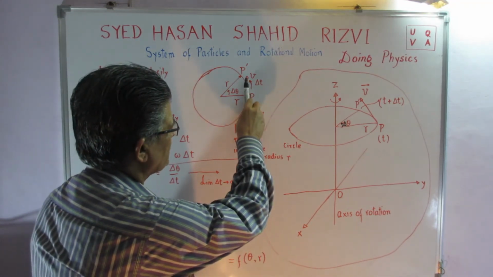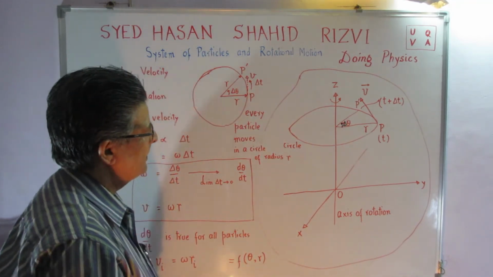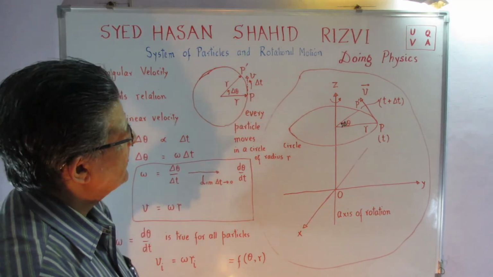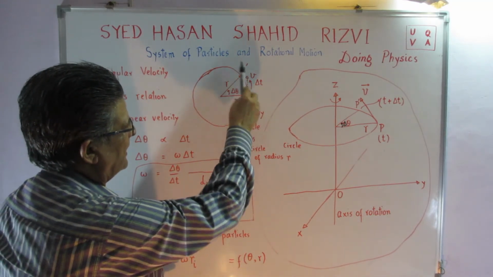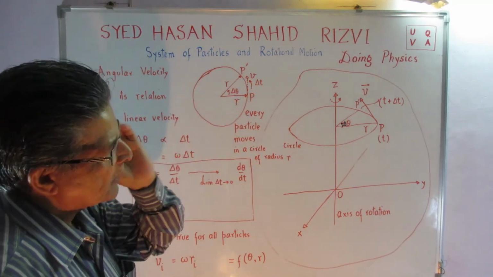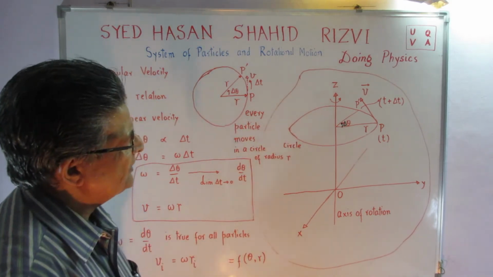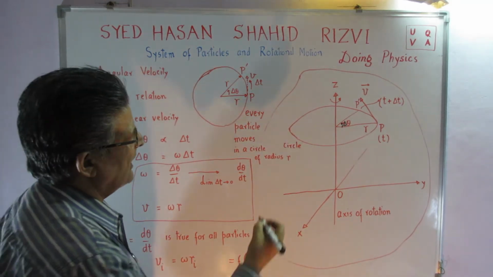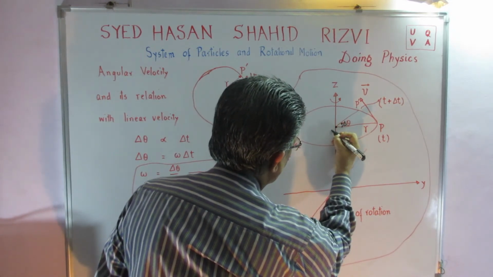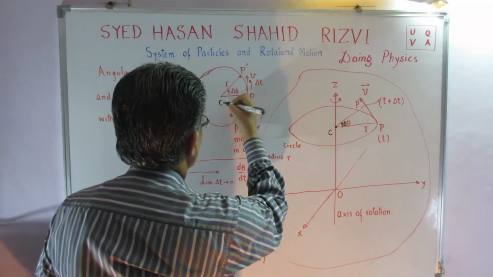This velocity vector is the linear velocity associated with this point P, and it is tangential to the circle at this point. I have just taken any circle here, and I call its center C.